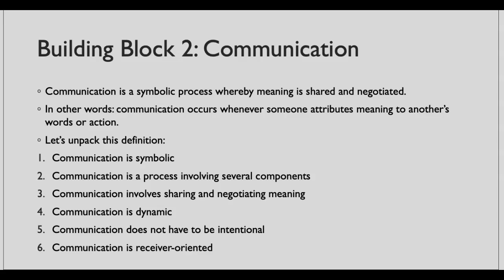And the fact that communication is receiver oriented. No matter what your intended meaning is when you're saying a message, the receiver, or the listener, or the person you're talking to, has to have the same meaning. Otherwise, you don't have a shared meaning, right?